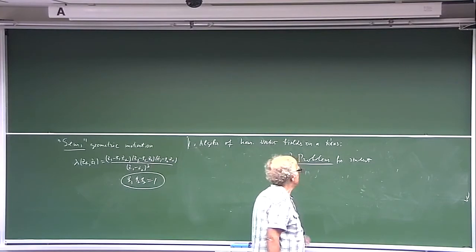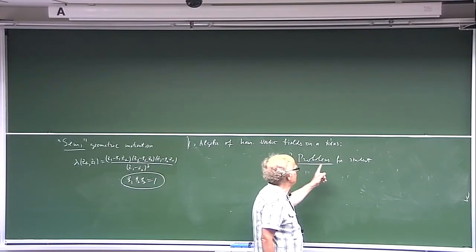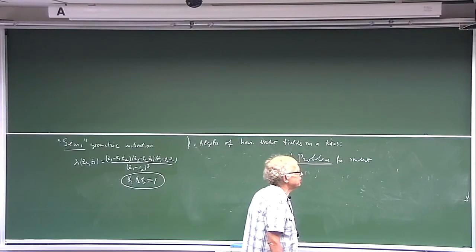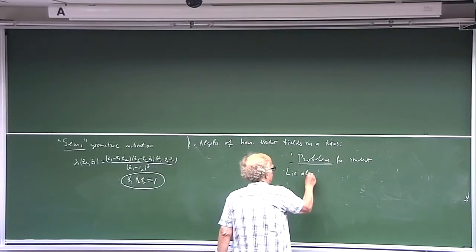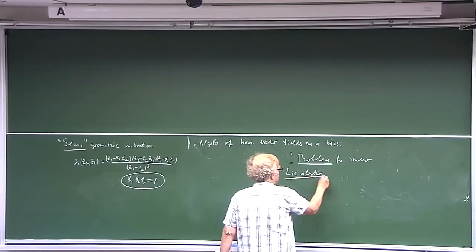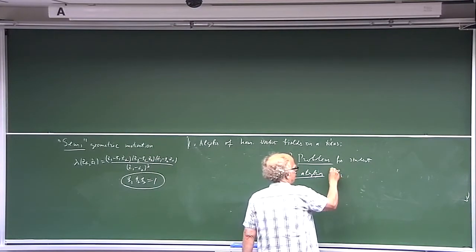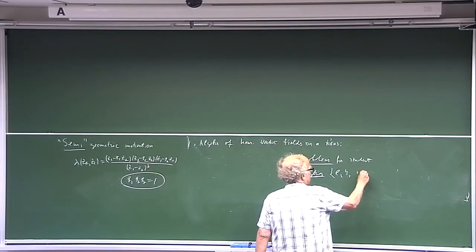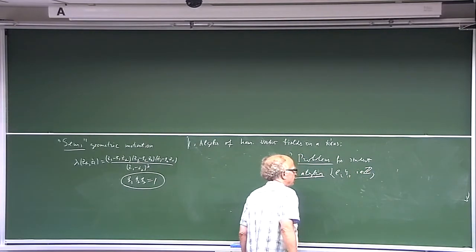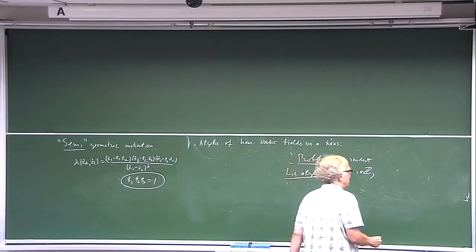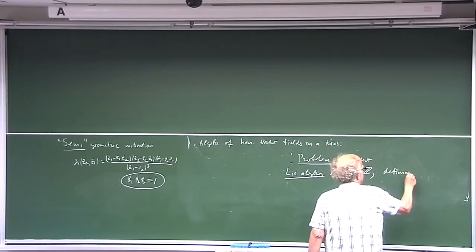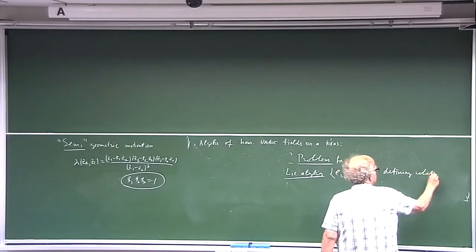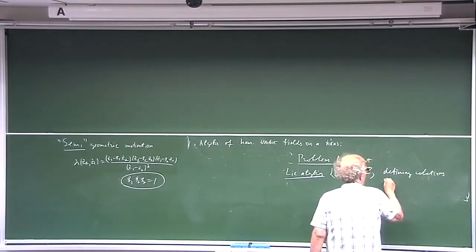Anyway, the problem for students will be the following. Suppose we have a Lie algebra generated by some symbols A_i, where i belongs to C, and suppose that the defining relations are quadratic.